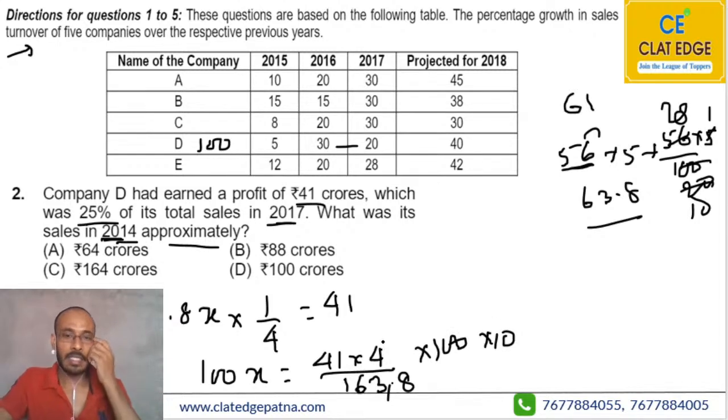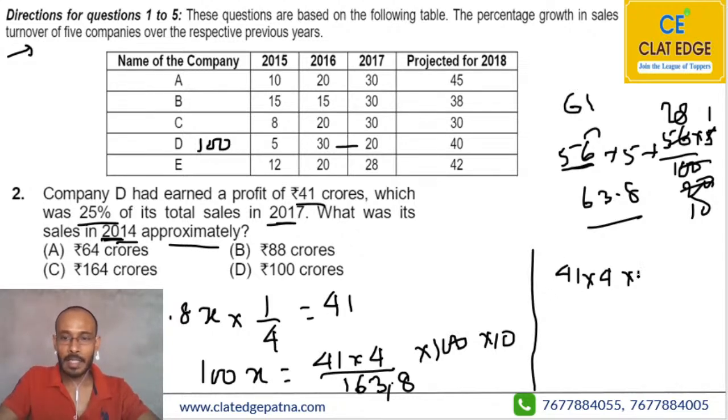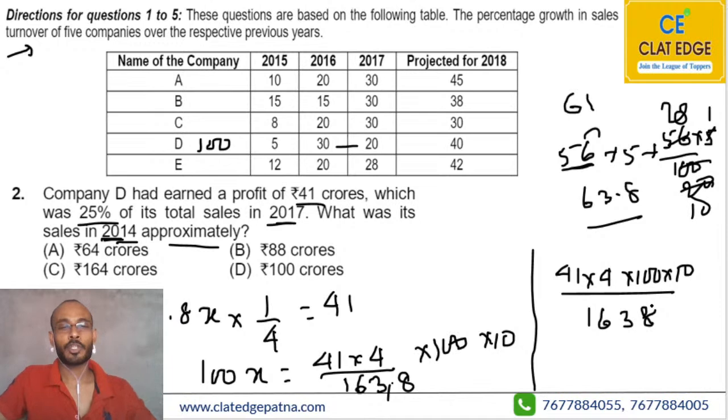What you are going to get is divide it. Let me write here. So this is 41 into 4 into 100 into 10 divided by 1638. Approximately how much can we get? According to the options also you can check if this is 100 crore.